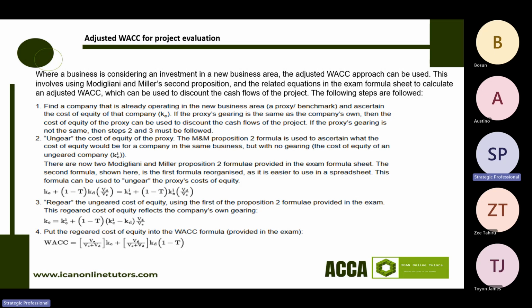Before I move on, I want us to go and read on these M&M propositions. M&M propositions, very, very important. They are called capital structure theories. The assumption is that we should go and do that study ourselves, right, and understand it.